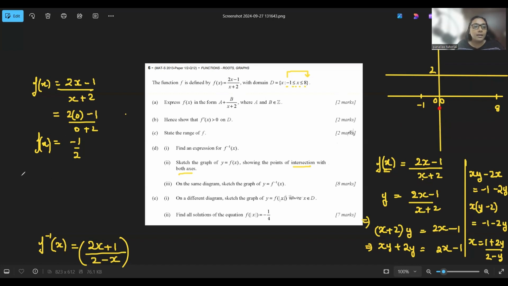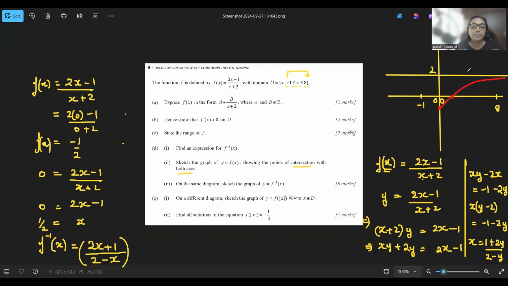Then let's find out the x-intercept, which means y is 0. So 2x minus 1 by x plus 2, so 2x minus 1 is 0. So x is equal to 1 by 2. x is equal to 1 by 2 would be our x-intercept. And the function would look like this.